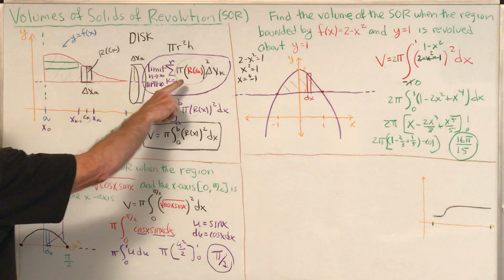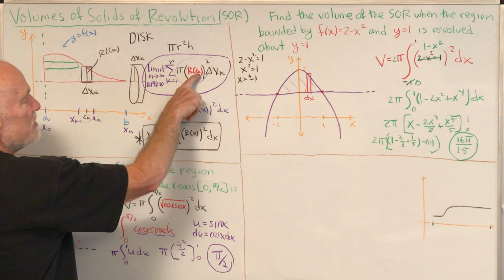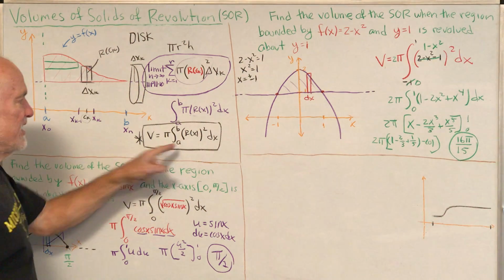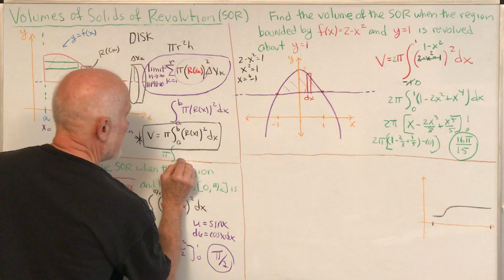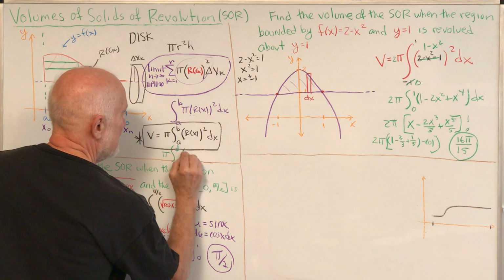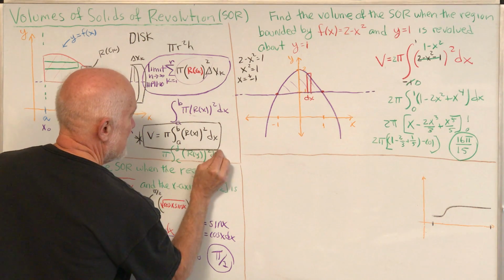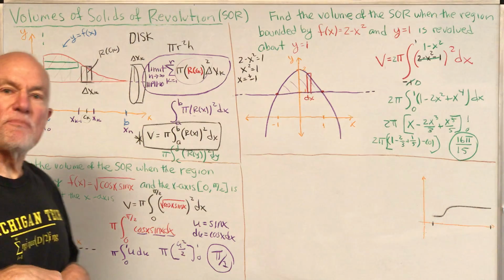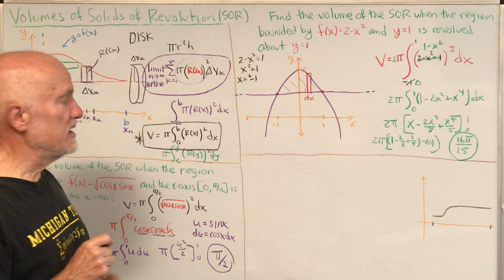The only difference is this would be r of c sub k, but in terms of the variable y. So this would be pi times the integral from c to d of r of y squared dy. And we'll do some examples of those in the next talk.